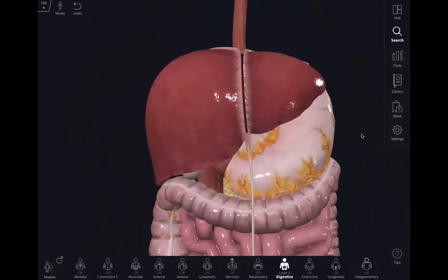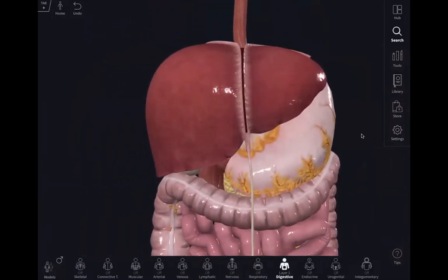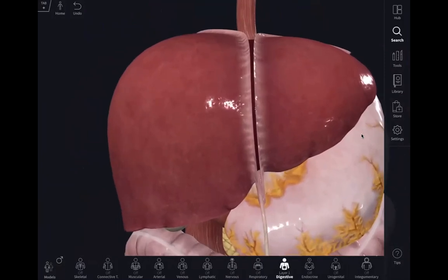So, how do we know, and what are the main important things that we have to identify, and what are the structures that will demarcate this liver? First of all, what you can see from the anterior aspect is one ligament.